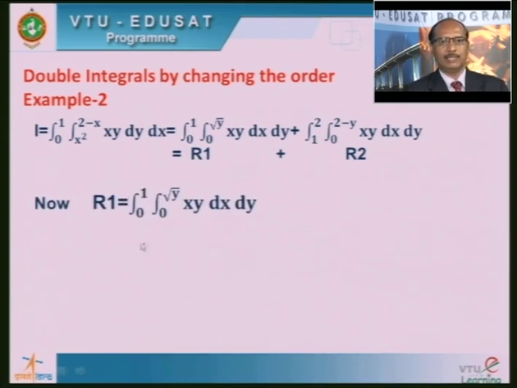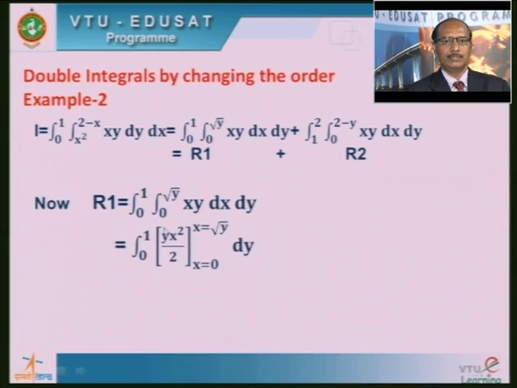We will take one by one evaluation. The first integral R1 is denoted as 0 to 1, root y, xy dx dy. Here the inner integral is dx, that means integrating with respect to x. So the function xy is integrated with respect to x. How is it? y is a constant here, integration of x is x square by 2.